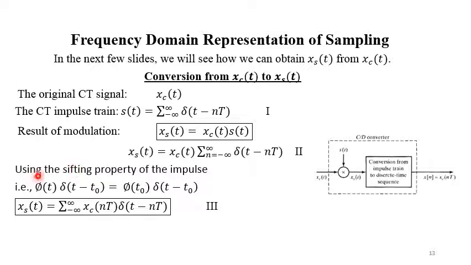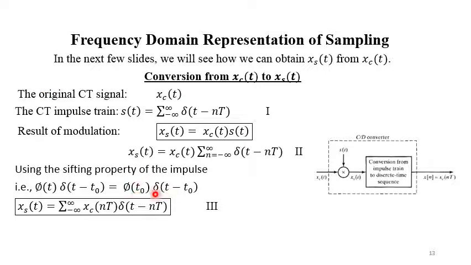We have studied the shifting property of the impulse in signals and systems, when we were representing a signal in terms of scaled and shifted impulses. That means if we have a signal phi of t and we multiply with the impulse of t minus t naught, we get phi of t naught times the impulse of t minus t naught, right?